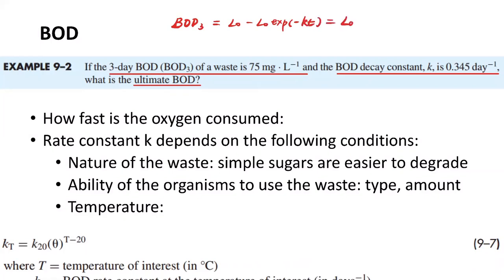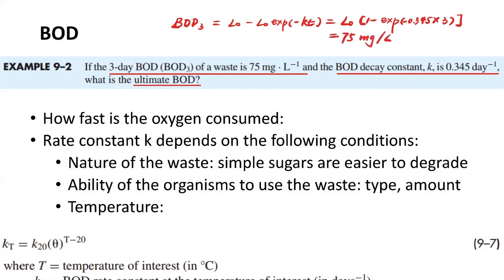And that's going to be L0 times 1 minus exponential of what? So K, we know is 0.345, right? And the time is 3, right? And this equation turns out to be equal to 75 milligram per liter, right?